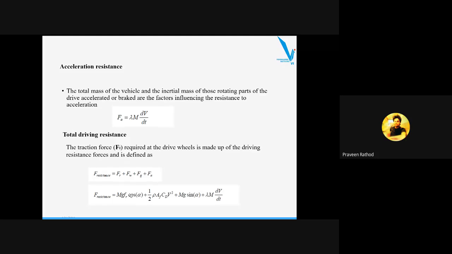So that's why it has more impact on the engine of the vehicle or the drivetrain of any kind of vehicle. So these are the different parameters which will affect the performance of the vehicle. We are going to write down the dynamic equations.